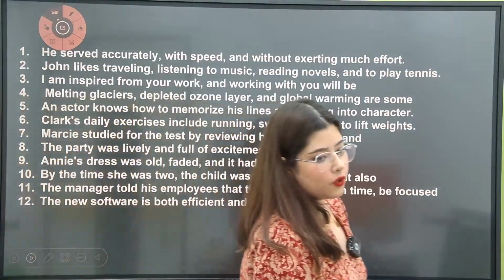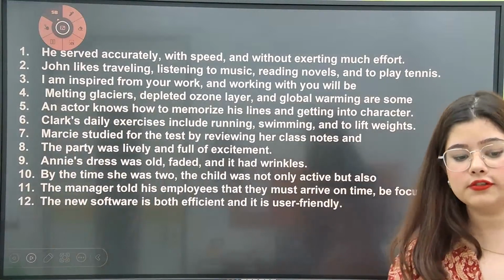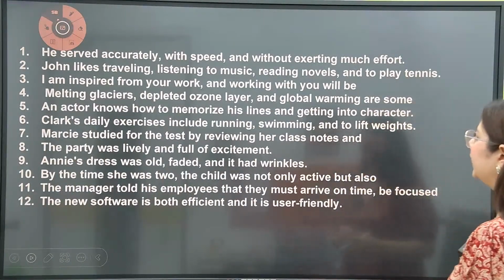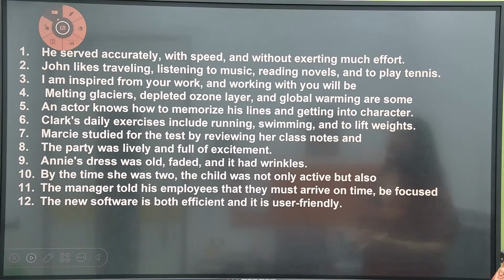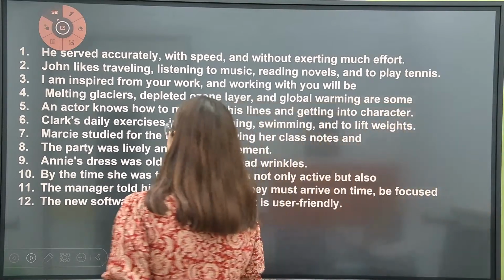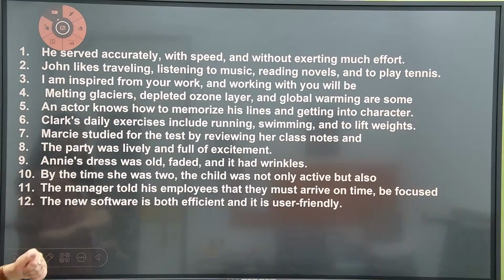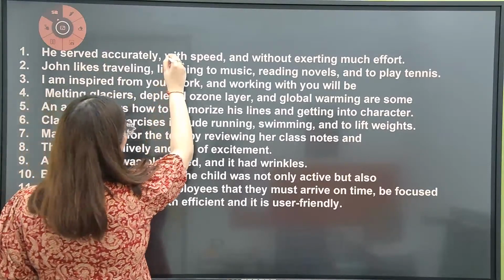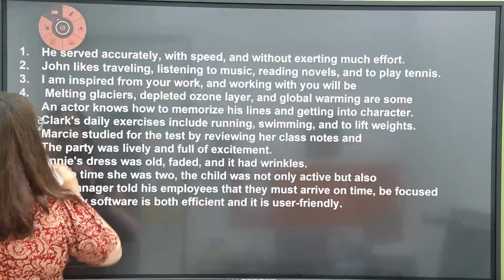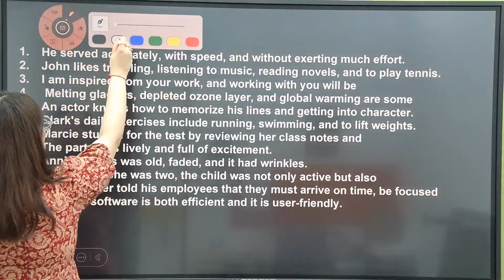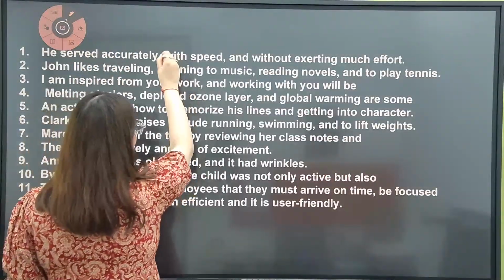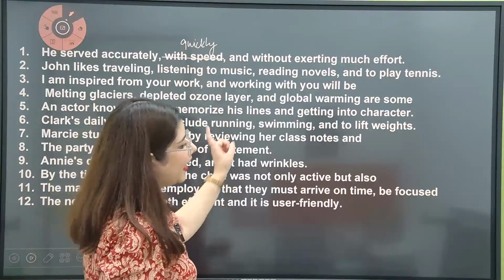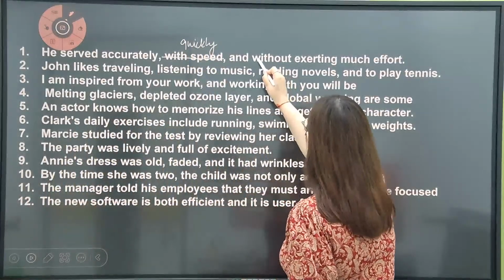Let's have a look at the questions. He served accurately, with speed, and without exerting much effort. So I could say he served accurately, quickly, and effortlessly.